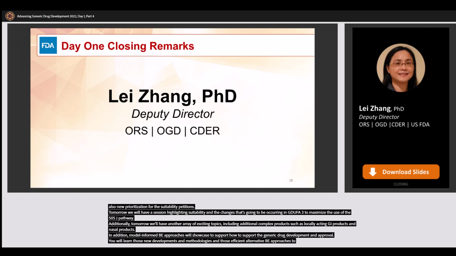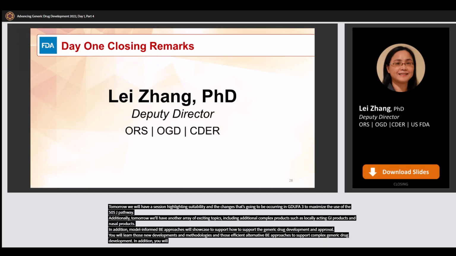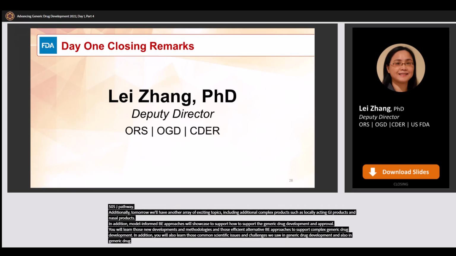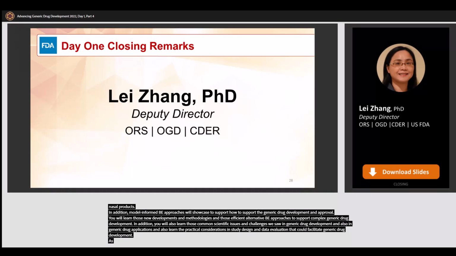You will also learn the common scientific issues and challenges we saw in generic drug development and in generic drug applications, and the practical considerations in study design and data evaluation that could facilitate generic drug development. As reflected by the title of this workshop, we try to better translate the complicated science behind generic drug development into more generic drug approvals.